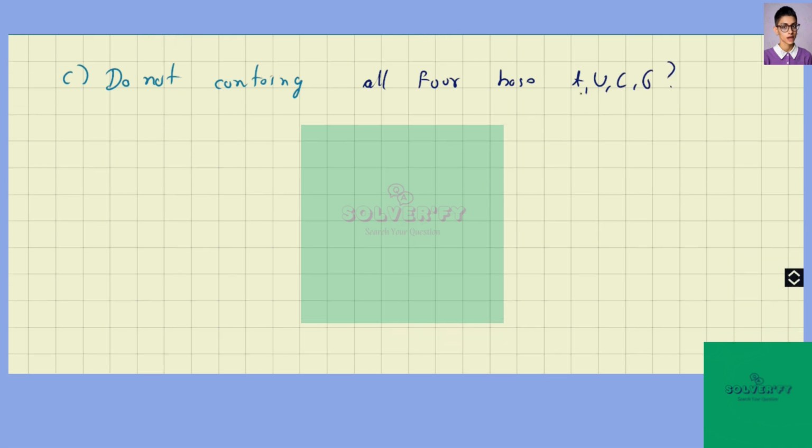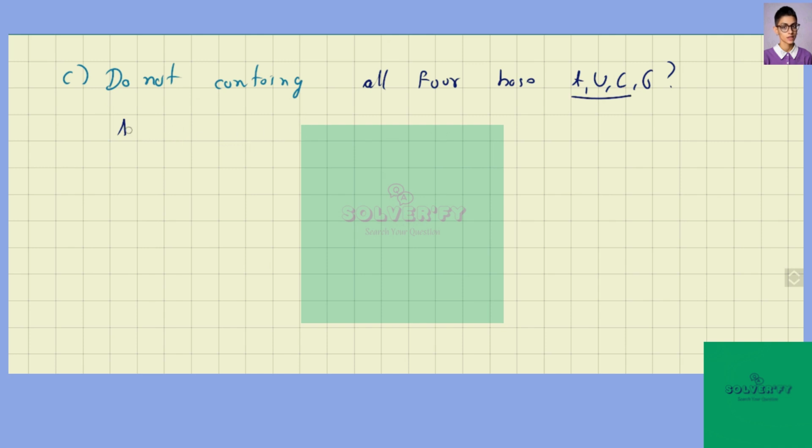That means it doesn't contain the four possible bases. So you can construct a sequence of A, U, C, and you can see that here we don't have the letter G, so it's not considered to have the four bases.